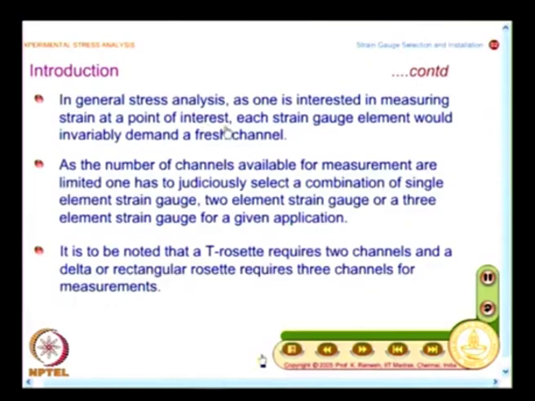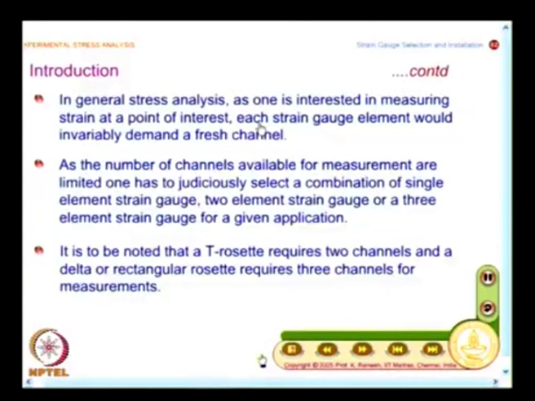If you want to maximize the signal, you may have to think in terms of increasing your bridge voltage or increasing the resistance of the strain gauge. You may have to take any of those type of measures. And as I mentioned earlier, in a given instrumentation system, you may have an upper limit on the number of channels.